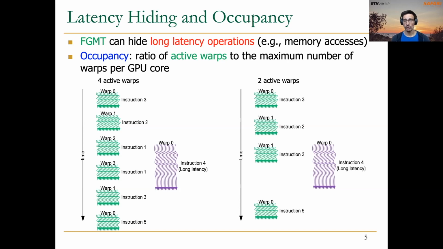For example, in a GPU, we can hide accesses to the off-chip memory, which are typically our long latency operations, by executing other instructions in the pipeline. And in order to do so, it's important to make sure that the available number of threads and warps in the GPU that are ready to execute instructions is high enough. And that's what we call the occupancy.